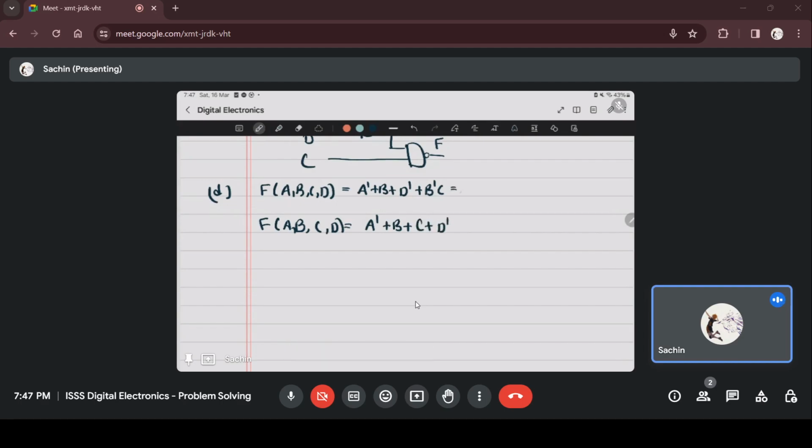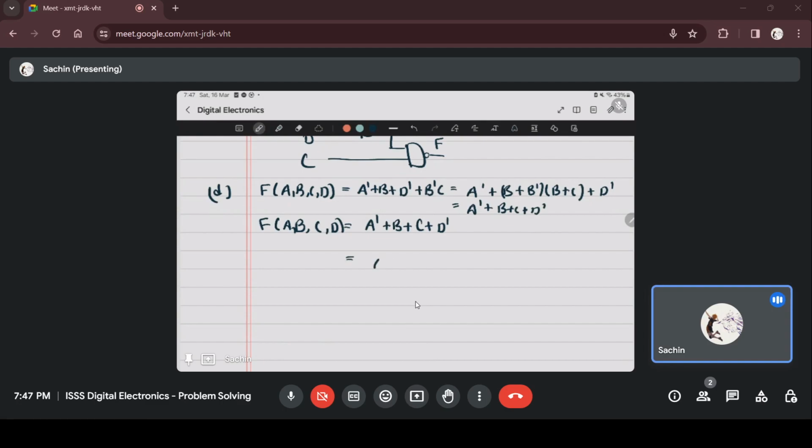You can get that directly without a K-map. A prime plus B prime into B plus C plus D prime, which is nothing but A prime plus B plus C plus D prime.